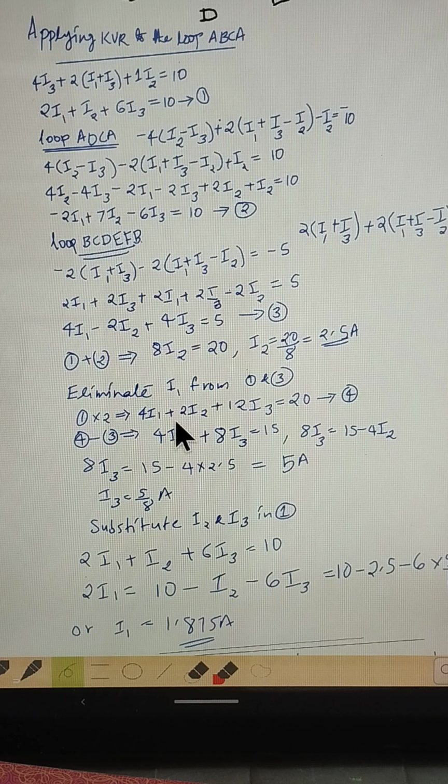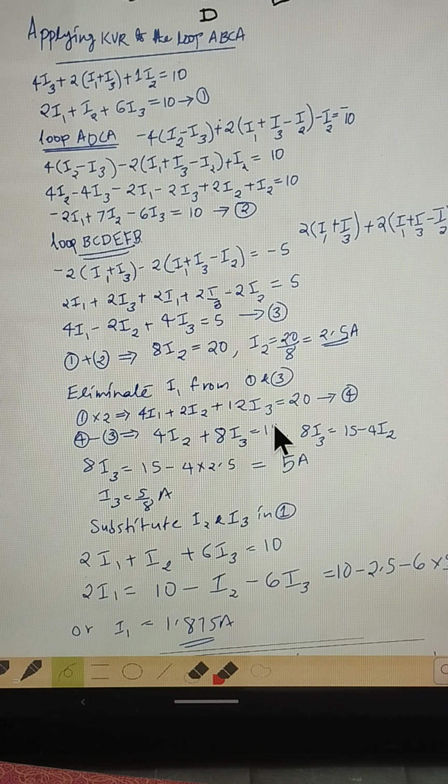In equation 4 we have 4I1 and in equation 3 also 4I1 is there, so we can eliminate the I1 terms again. Equation 4 minus 3: 4I1 minus 4I1, then 2I2 minus of minus 2I2, that is 4I2, and 12I3 minus 4I3, that is 8I3, and we got an equation.